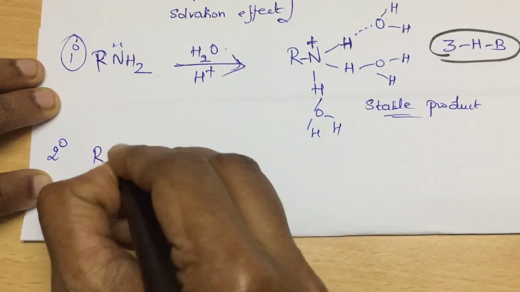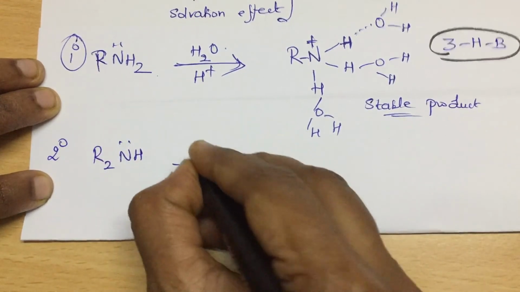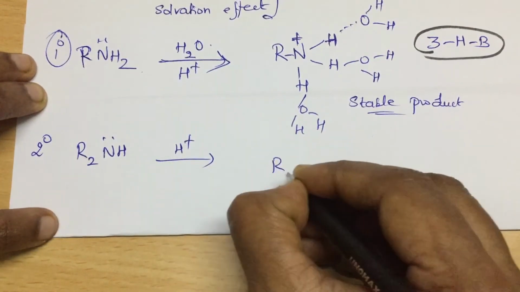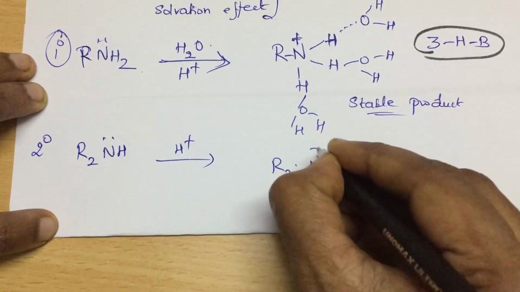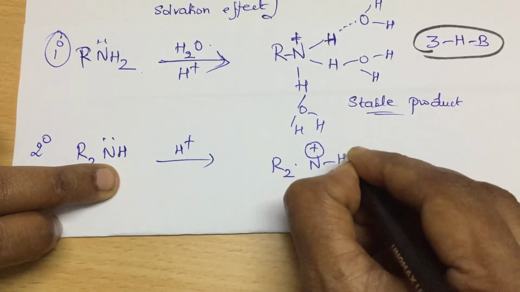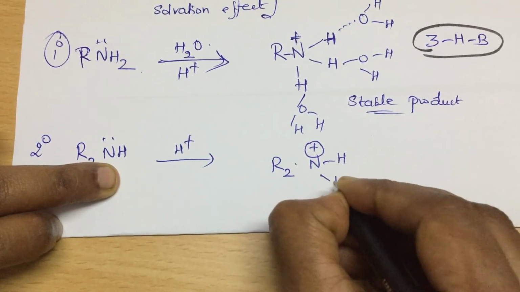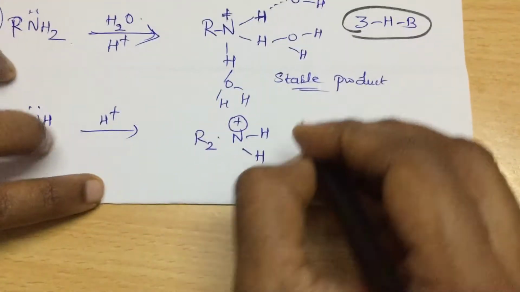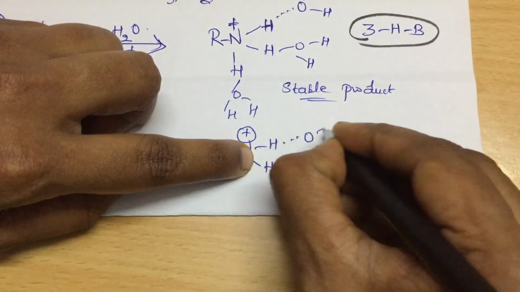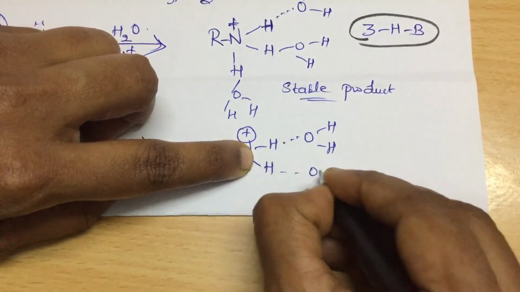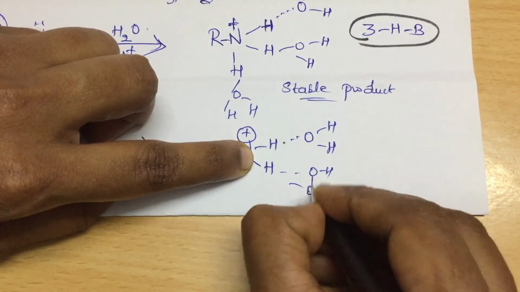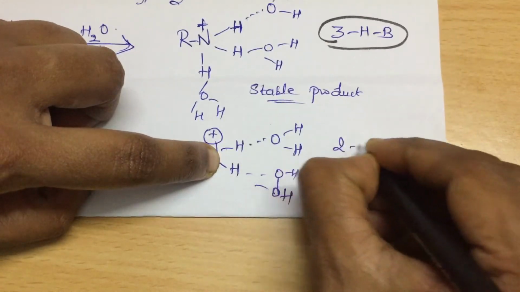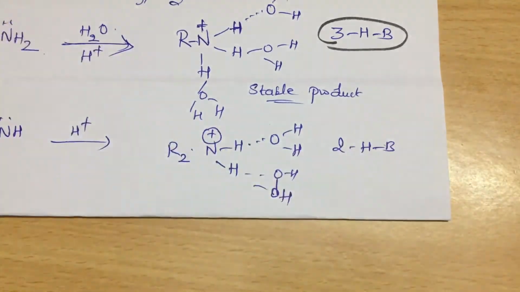So your secondary amine, similarly, is going to give R2. Already one hydrogen is attached and it gets attached to another proton. So how many hydrogen bondings can it form? It can form 2 hydrogen bondings.